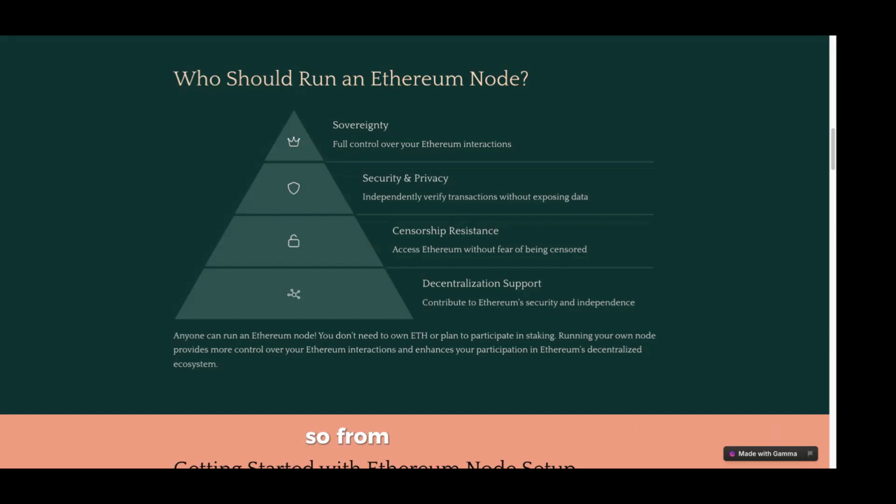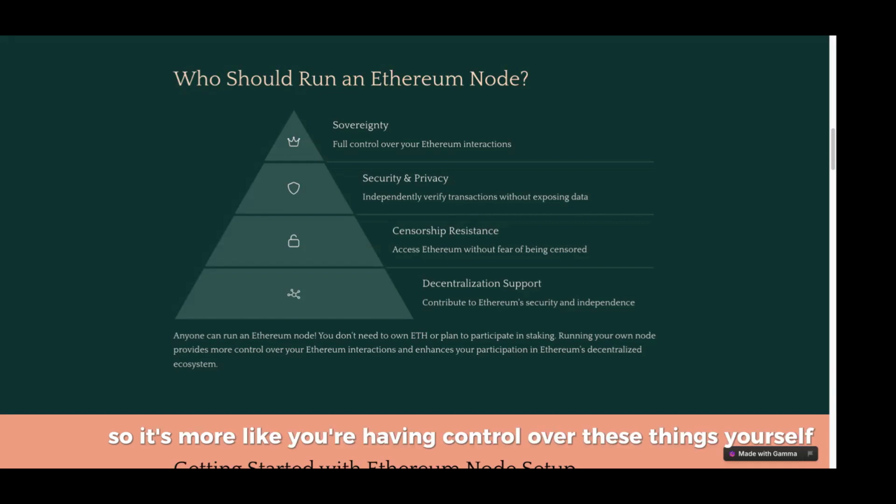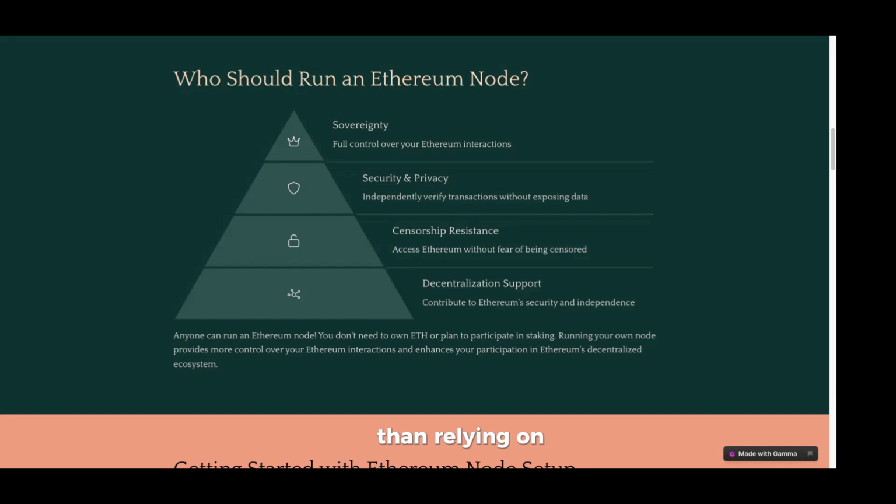From there you can query the blockchain and get that transaction. So it's more like having control over these things yourself than relying on a service or a party somewhere to perform them or know more about your data.